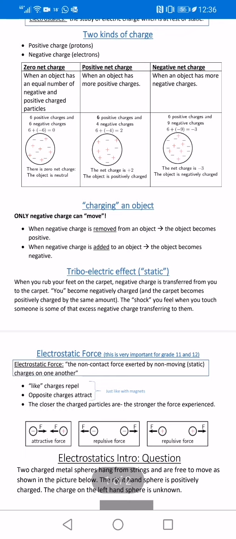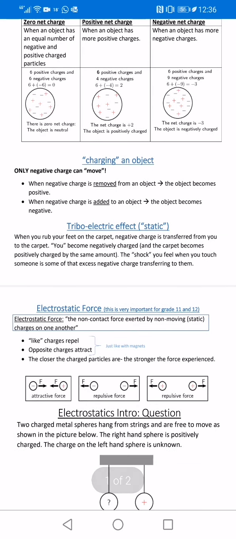Okay. Now, the triboelectric effect, just a small section in here. It's what we refer to as static electricity in our everyday lives. The triboelectric effect occurs when you have insulators. So, for example, when you rub your feet on the carpet, negative charge is transferred from you to the carpet, which means you become, oopsie. Okay, that's wrong.